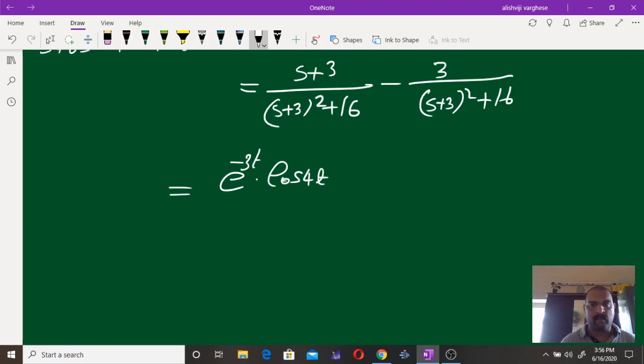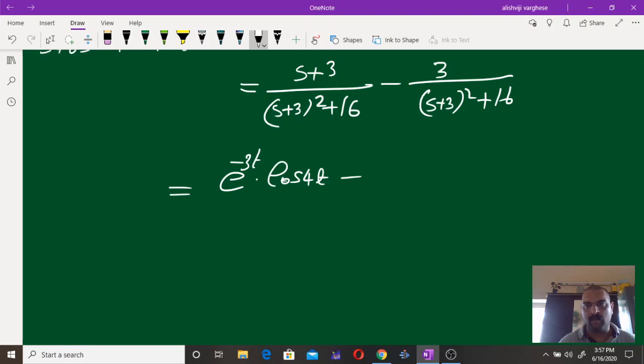The Laplace transform of cos 4t is s by s square plus 4 square, in which s is replaced with s plus 3. Then minus, here it is the inverse Laplace of the Laplace transform of sine 4t shifted.